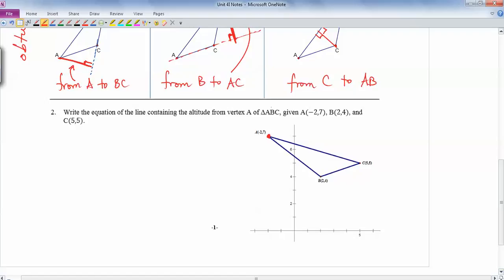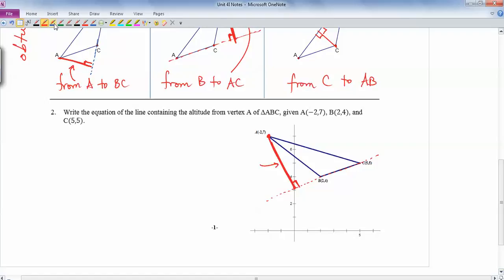So if I were to think of A as the peak of the mountain, and then I extend this line, then I'm drawing a perpendicular line to that extension. So it would look kind of like this, something like that. I'm not really sure where it hits down here, but that's my altitude right there. Something like that.